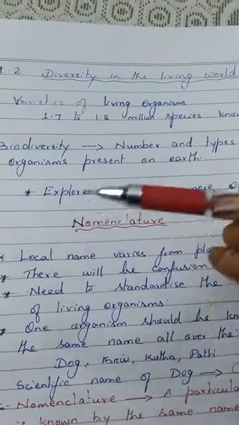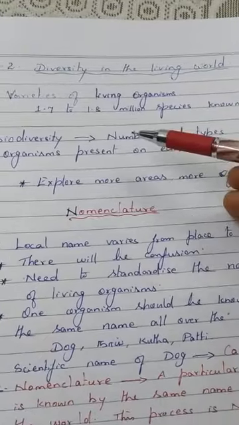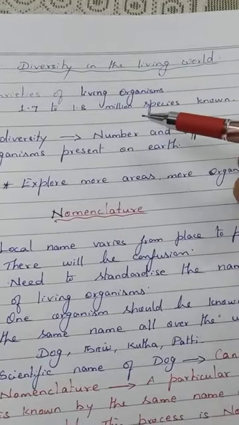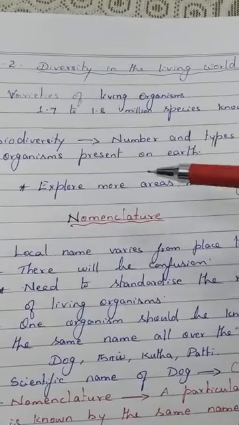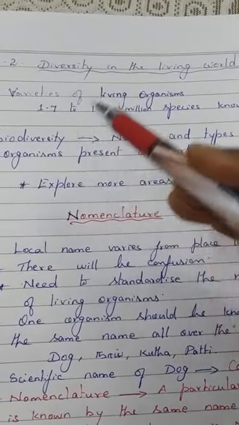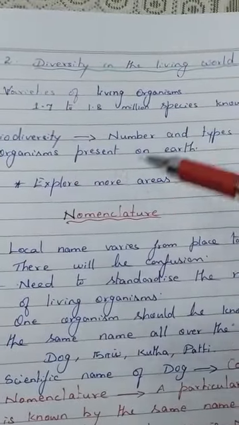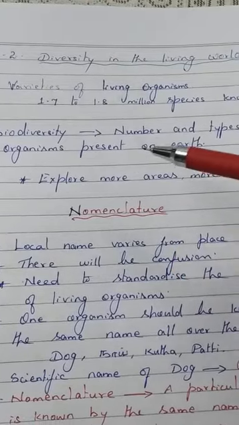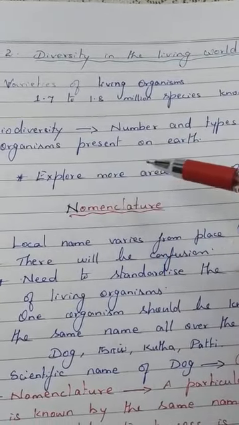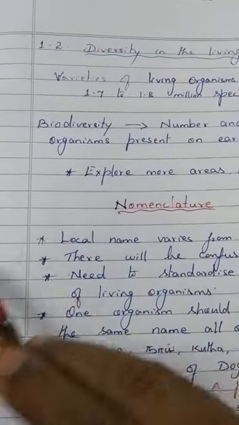As more areas are explored and more organisms are discovered, they are described and added to the existing numbers. What is biodiversity? This variety of living organisms, the number and types of organisms present on earth, is biodiversity.